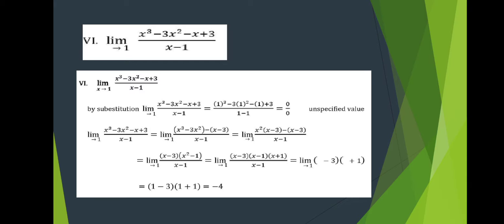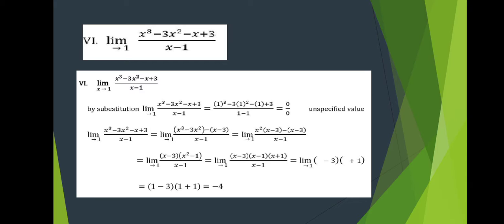Common factor بالنسبة لنا برضه is factorization, okay? يبقى x power 2 outside, then the remainder of the first bracket x minus 3, minus x minus 3, over x minus 1. Yes, and we can complete here and we get x minus 3 and x power 2 minus 1 over x minus 1. x power 2 minus 1 is a difference between two squares.